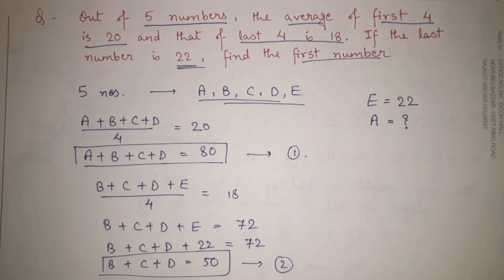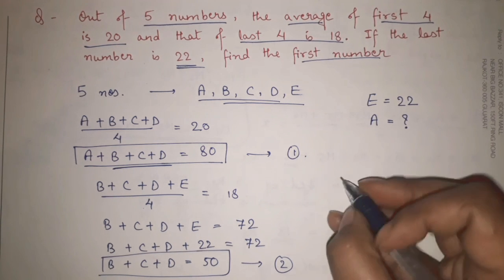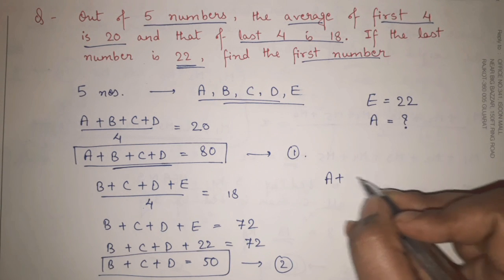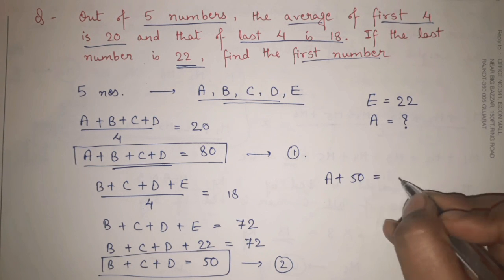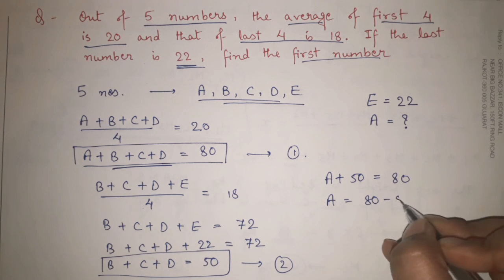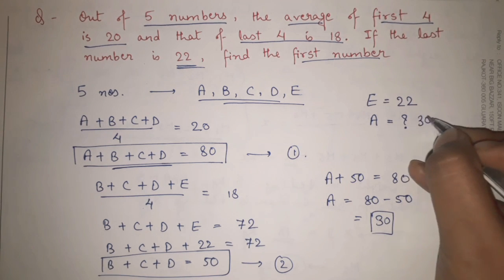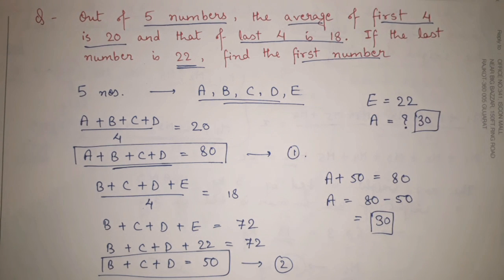Now if we put this equation number 2 in equation number 1, what we will get? B plus C plus D is equal to 50 we got. That means by equation 1 and 2, A plus 50 is equal to 80. Therefore A is equal to 80 minus 50, that is equal to 30, and this is A's value 30 that is asked in the question.